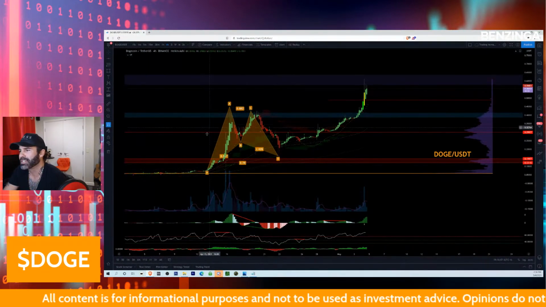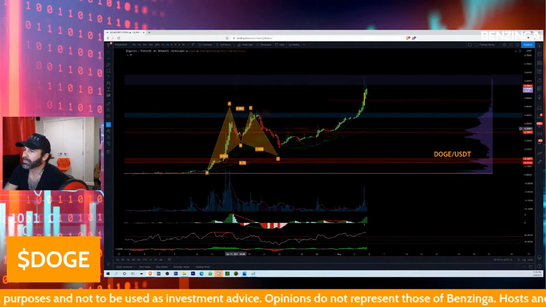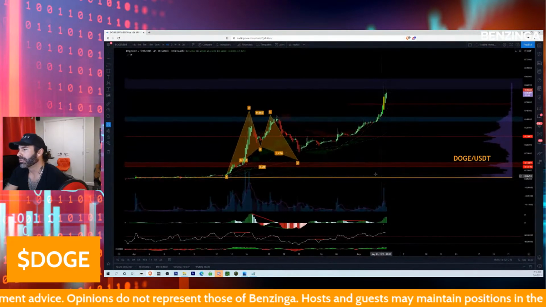It's an XABCD pattern, and this is based on this structure. This is where I got my original targets on Doge.